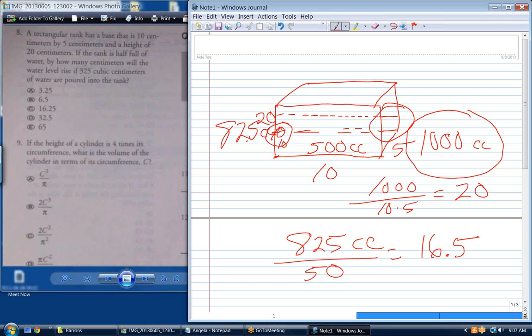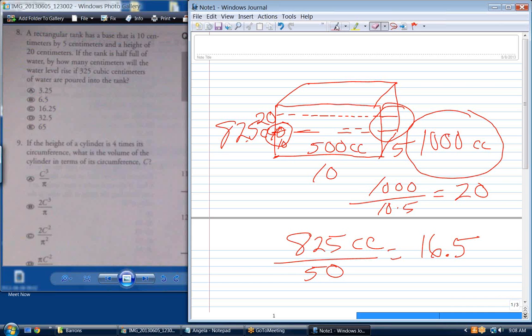Okay, that's actually the hard way to do this problem. Not really the hard way. We have to take this approach, but there's a bit of a shortcut, and that is that when you recognize that the height is the volume divided by the base times the width.